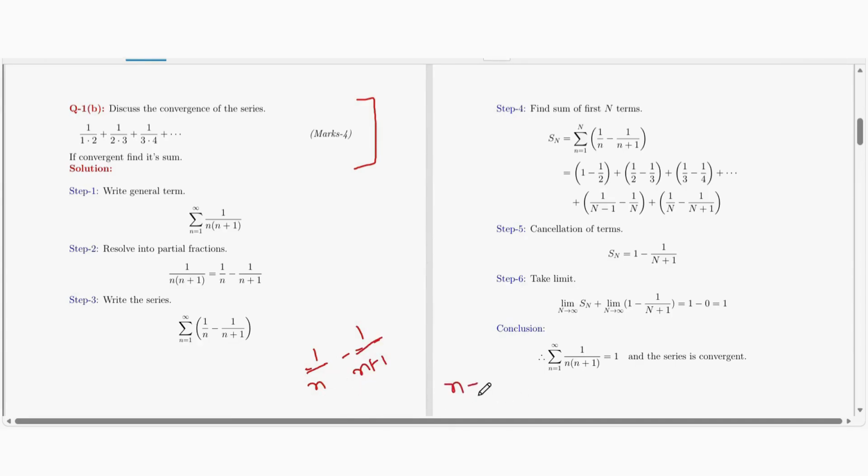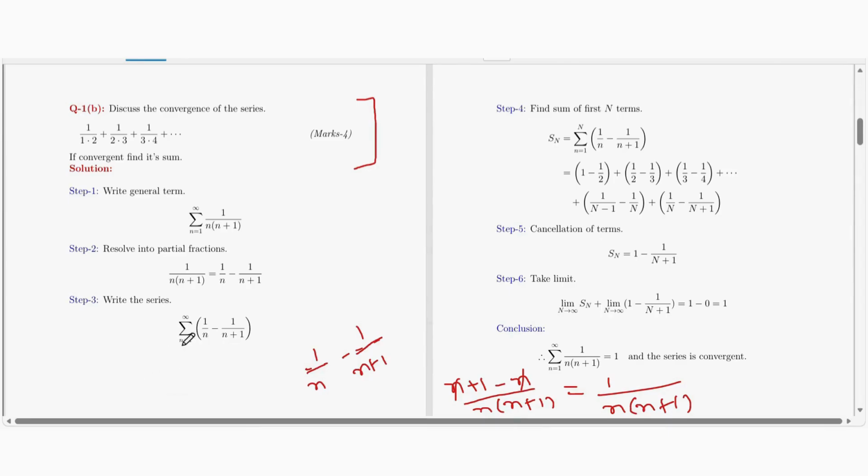Cross multiplication, n plus 1 shifts here and n shifts here. Okay. So we get n plus 1 minus n upon n into n plus 1. Okay. Now n cancels out. So what we get? 1 upon n into n plus 1. Say yes or no. So here we just rewrote 1 upon n into n plus 1 in this form.